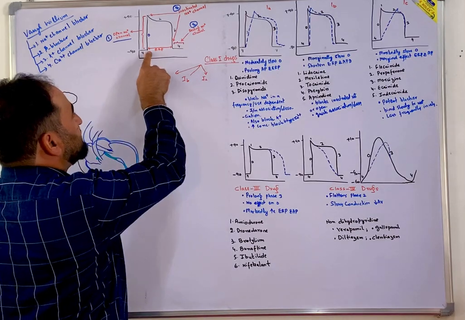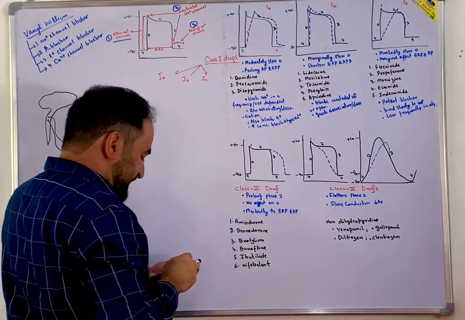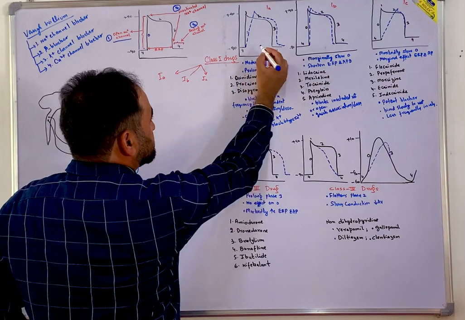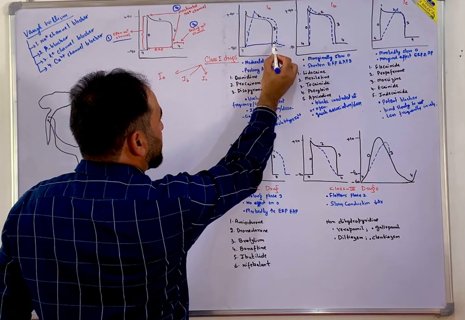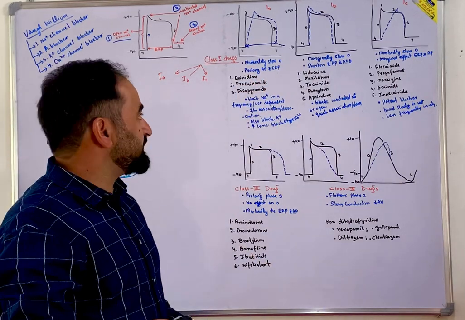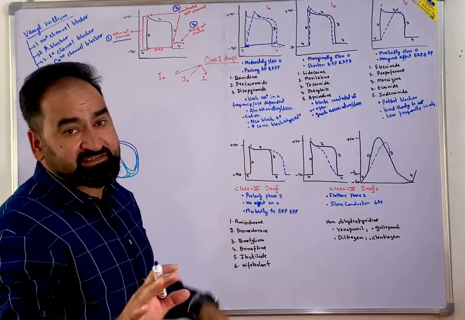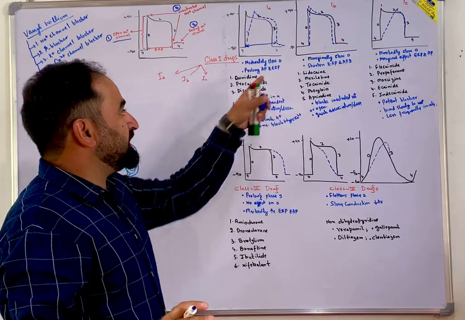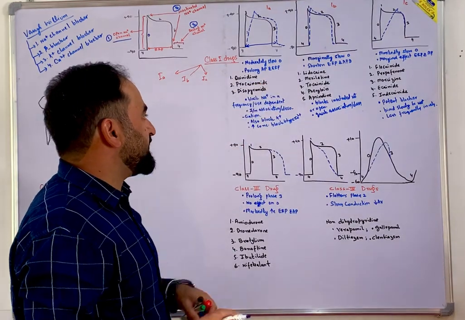You know, this is your effective refractory period. See, it is prolonged here. So two things: it moderately slows the zero phase, and it prolongs the action potential duration as well as the effective refractory period. Okay.